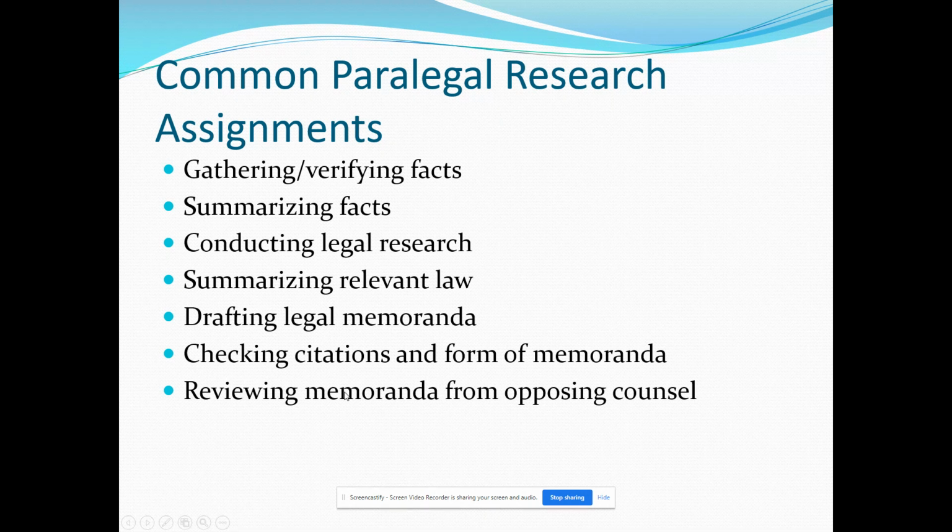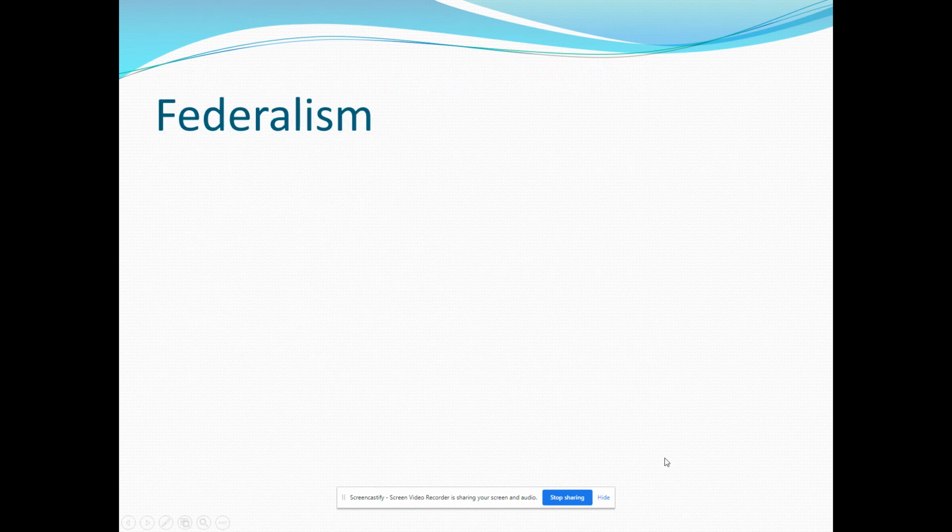You check for case citations and statutory citations, and just that the form is correct, being the attention to detail person to make sure that all of those things are correct. And then something else might be coming in from another office, and you might be reviewing that and relaying that information to the attorney that you're working with. So those are just some common assignments you might be given as a paralegal.